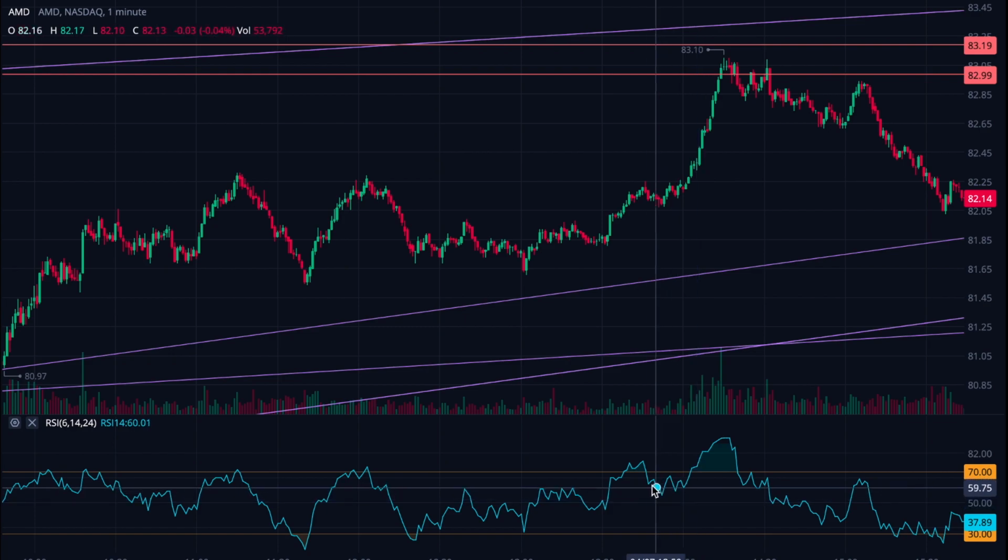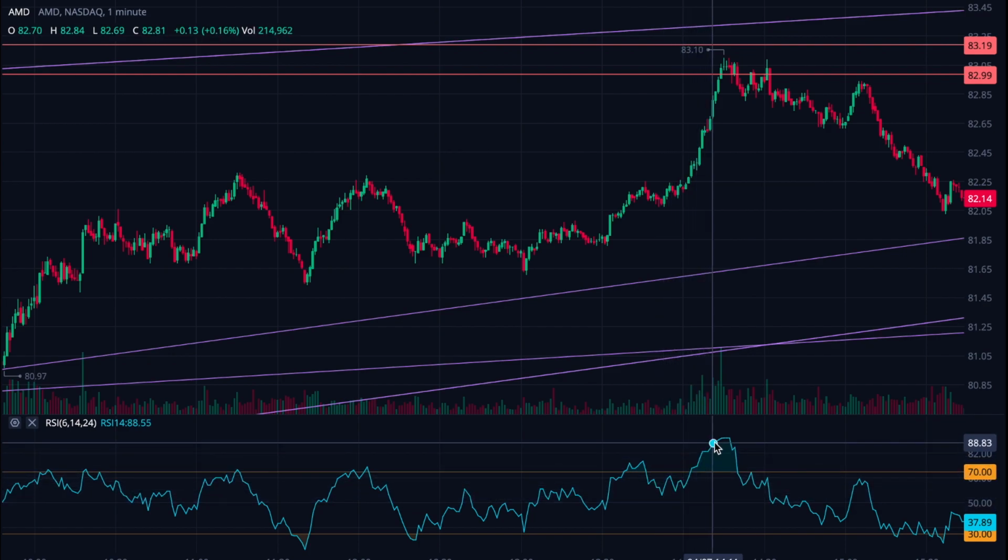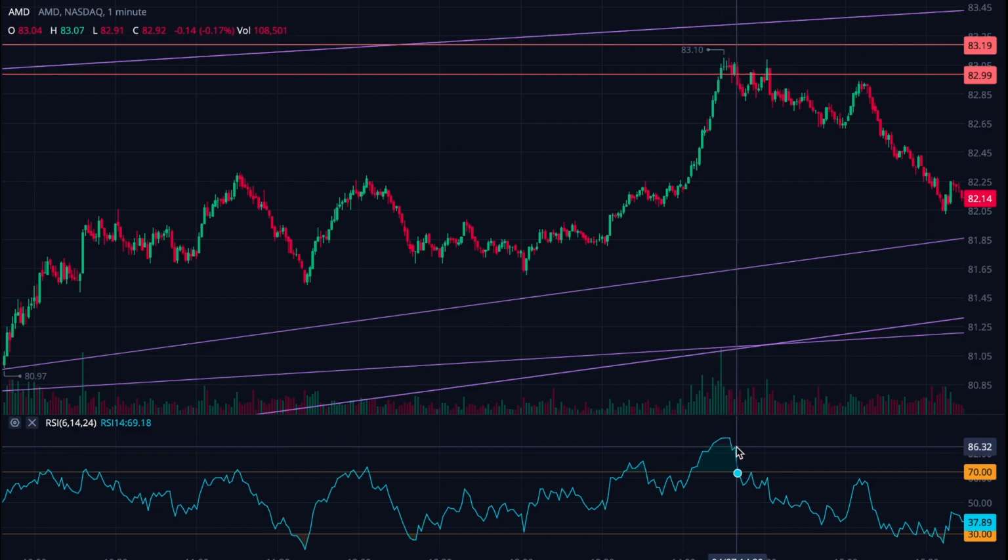And here you see a push over 70, and then it dips down below 70. And so you're going to say, does it hold 50? And if it recovers and bounces off of 50 or doesn't come down to 50 and starts coming back up again, some folks buy that second wave and then ride the second wave all the way up until it starts to come back down below the 70 again.